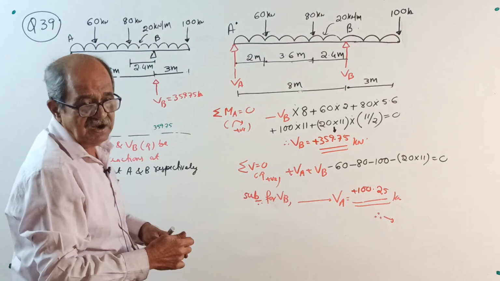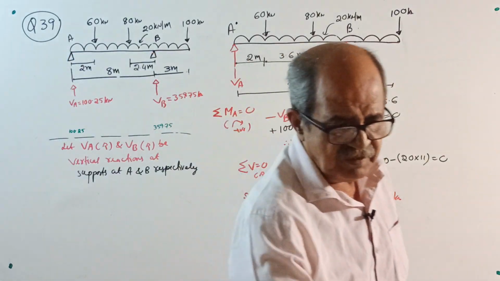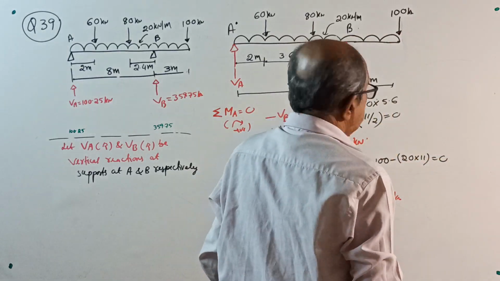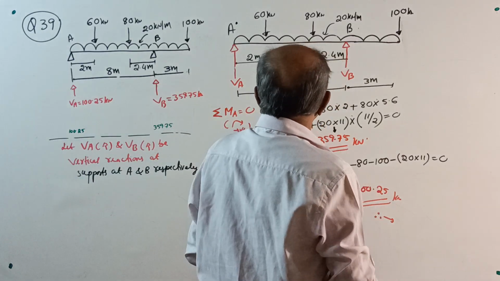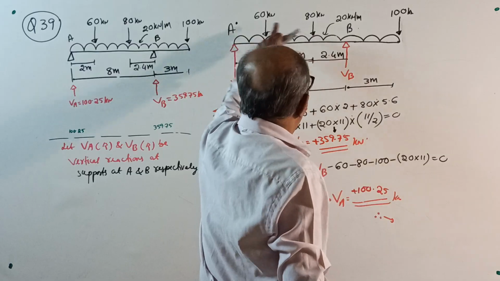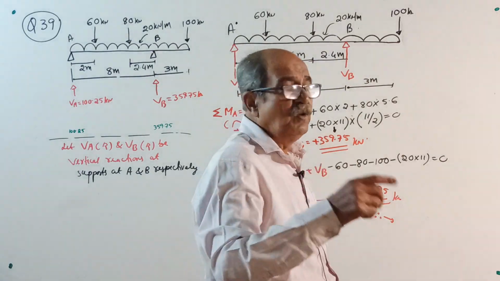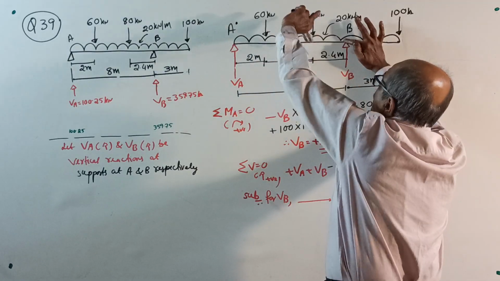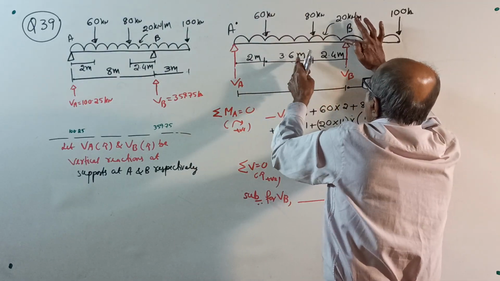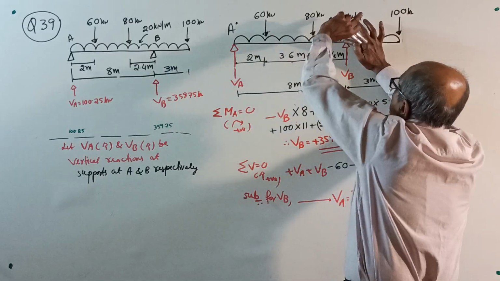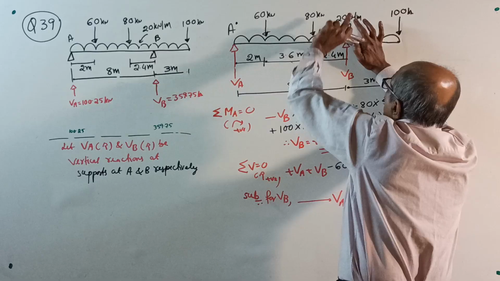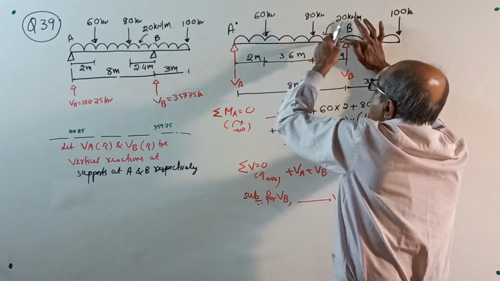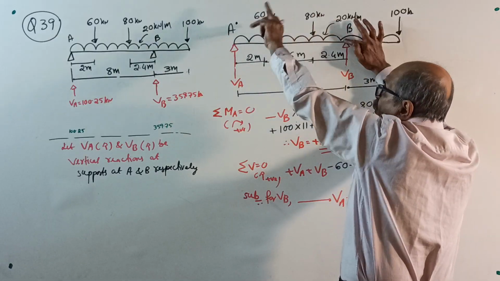Okay, solve this question. Now, just for information purposes, for those who are serious, I will dictate here. Instead of sigma M about A equal to 0, suppose you take sigma M about B equal to 0, see what happens. Plus VA into 8 minus 60 into 3.4 is 6, minus 80 into 2.4, minus 20 into 8, the total load, into half of 8.